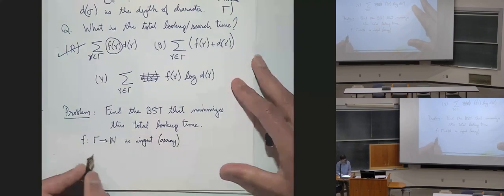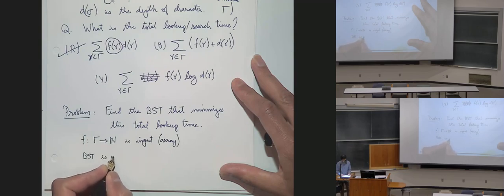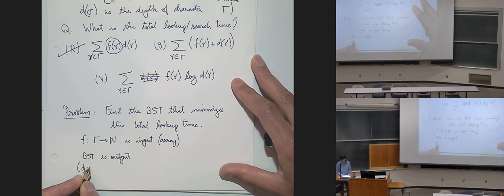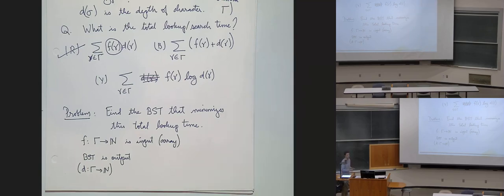And the BST is the output, and the BST also implicitly gives you this depth function, right? Once you build a binary search tree, then you have a depth function for all the characters. Make sense? So you have to compute this binary search tree. Okay? Let me just give an example that maybe makes this a little more concrete.